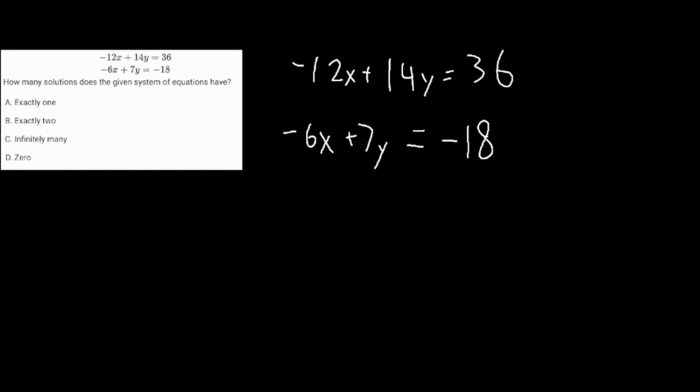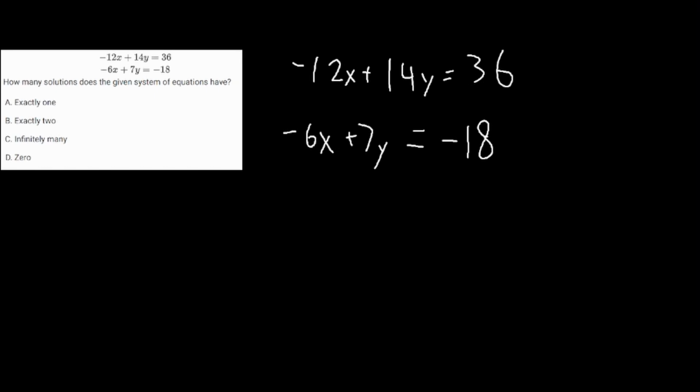Now, just by looking at this, it looks to me like elimination would probably be the best method to solve for this. But something that you might notice initially that is odd is if you multiply the second equation by 2 and then subtract the second equation from the first one, both the x's and the y's will cancel out, which seems a bit odd, but let's just see what happens.